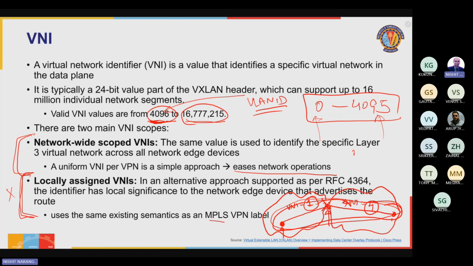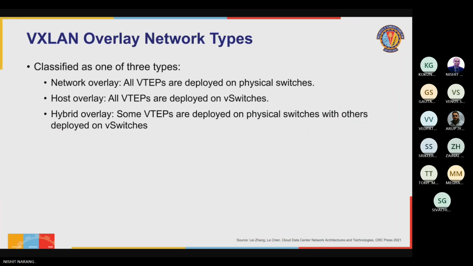So VXLAN does allow both types of scoping of the VNID. When you do programming, the scope of a global variable is across the entire file, but the scope of a local variable within a function is only the function itself. It's something similar to that. So it's basically the scope of the VNI.